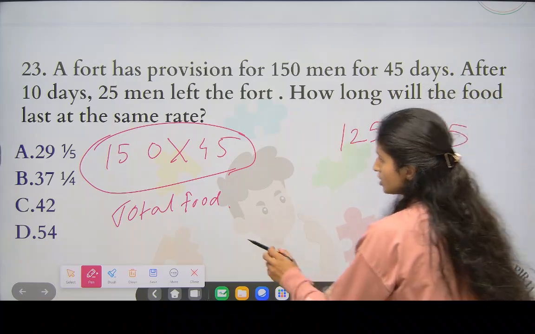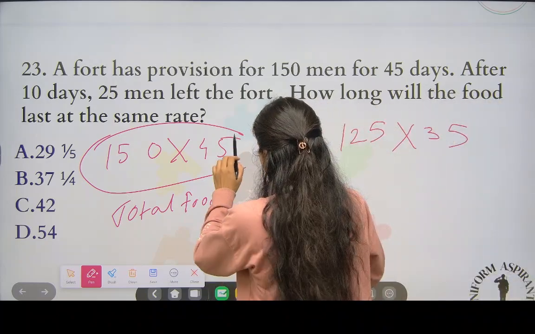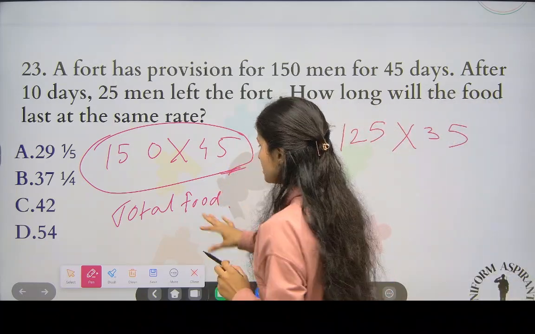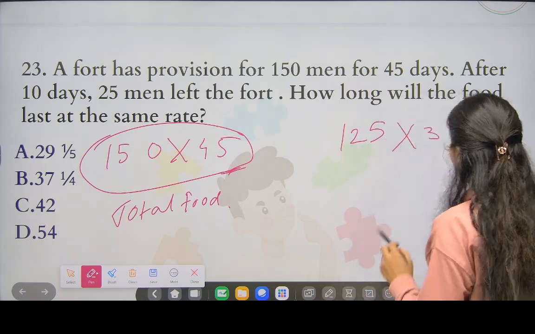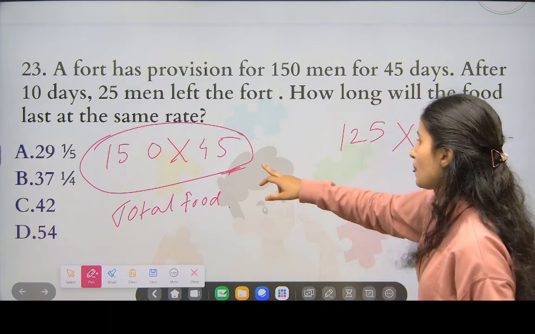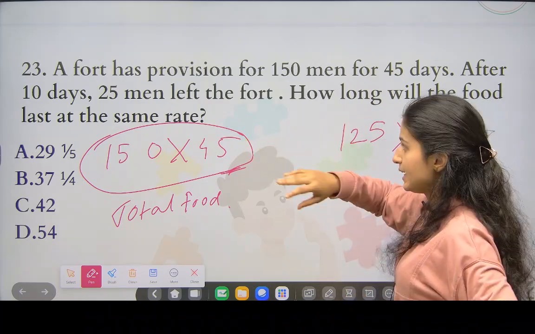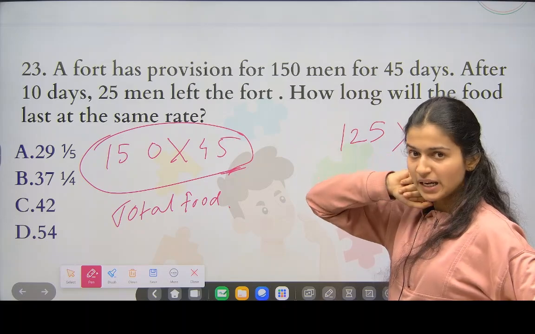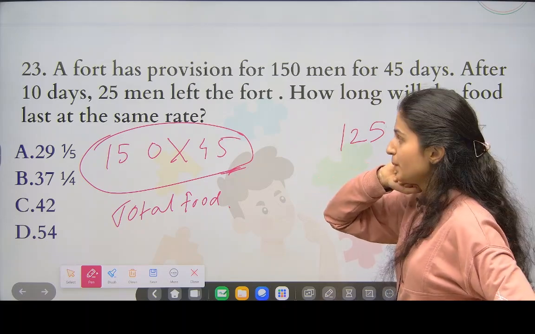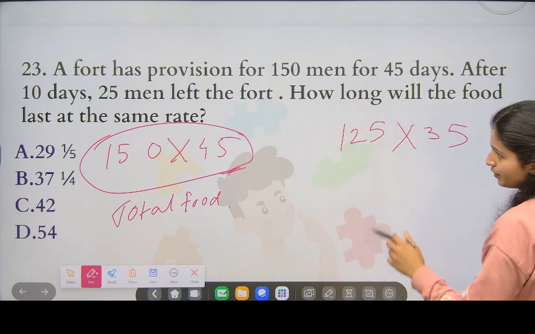Now see here, this is the total food. But in that, 10 days are already finished. For 10 days people are eating food, right? So what will we do here?